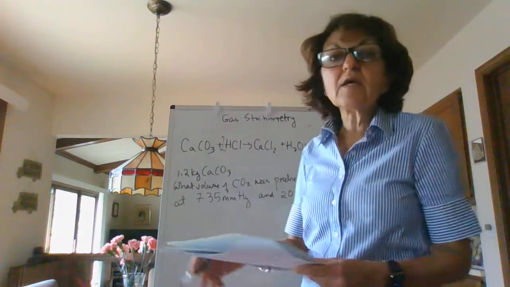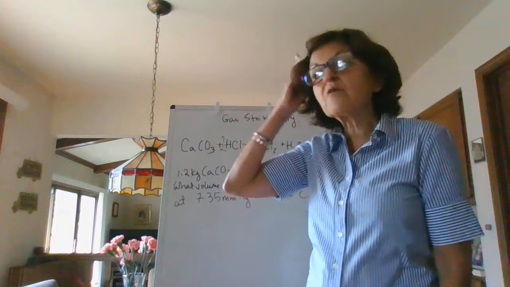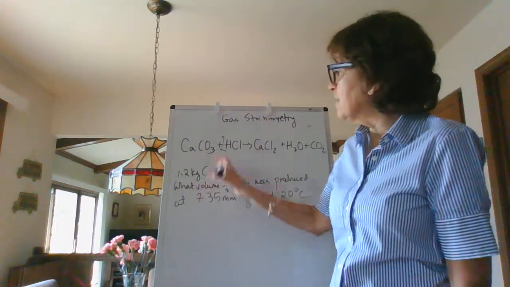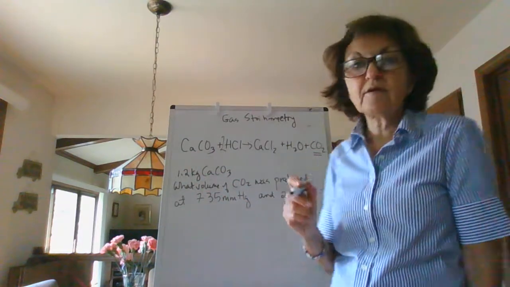So you can see here that we have a stoichiometry problem because we've been given information about the calcium carbonate and we want to know how much carbon dioxide is being produced.